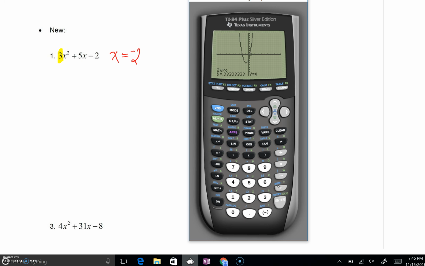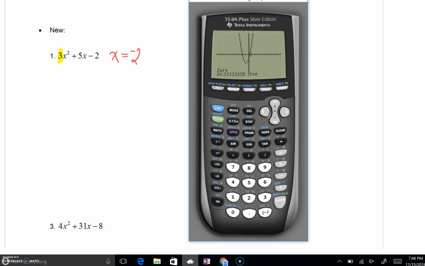Now look, even though we don't know exactly where that curve is crossing, the calculator now tells us it's 0.33333. Now, I'm sure you guys are looking at this saying, hey, 0.3 repeating, it's really 1/3. And you can pretty much know that this is x equals 1/3.